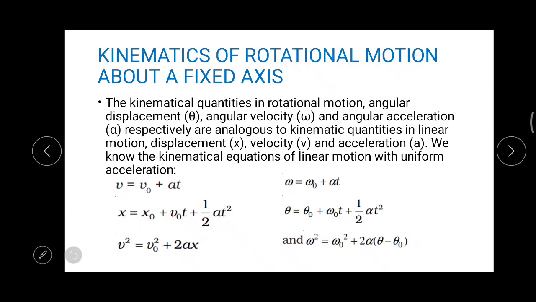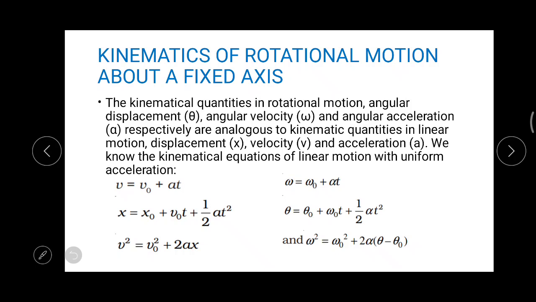Now, the kinematics of rotational motion about a fixed axis. The kinematics of linear motion in one dimension with uniform acceleration, that is constant acceleration, we have already studied. So we are comparing these things. Already we have seen the analog of linear velocity v is angular velocity omega.